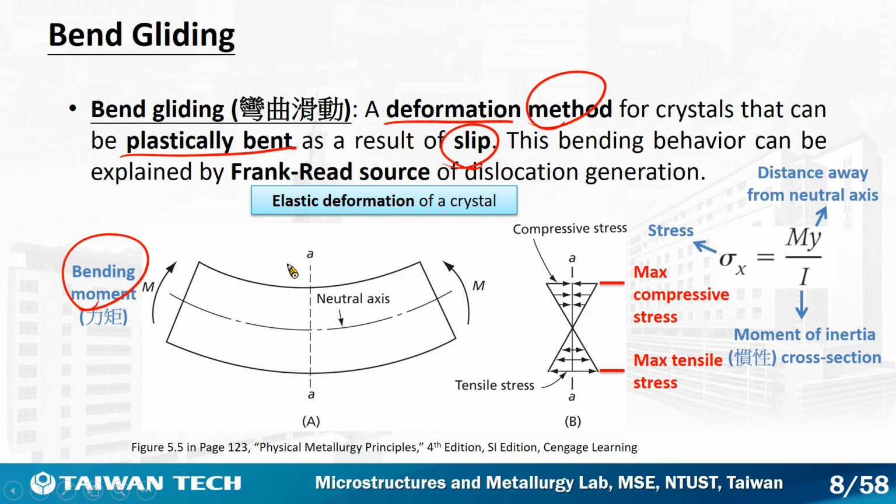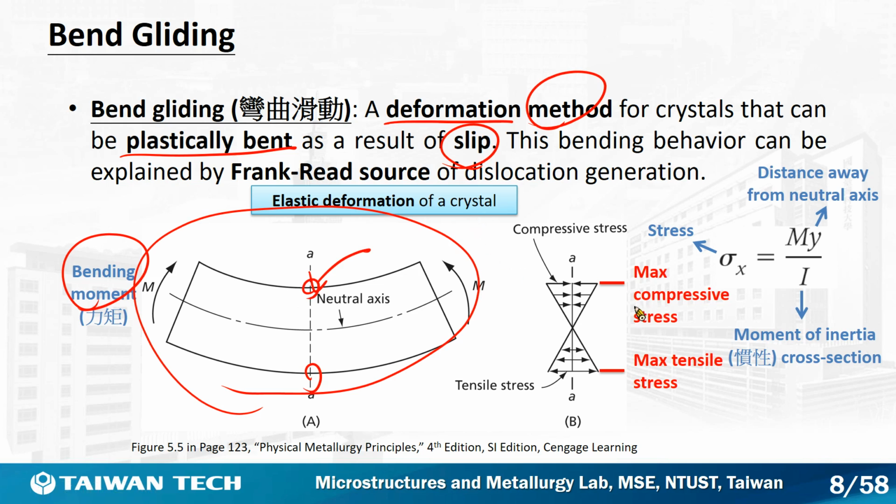So first, we have the materials with this external stress. And now let's analyze the stress distributions. So we can see that we can draw this structure. And for this region from A to A here, this region experiences compressive stress. For this region, it experiences tensile stress. In the middle one, there will be net zero stress.